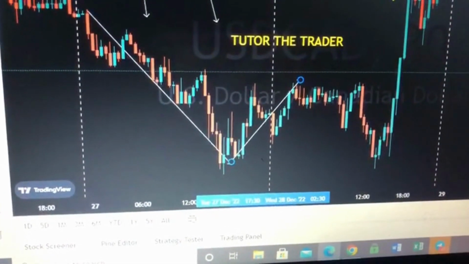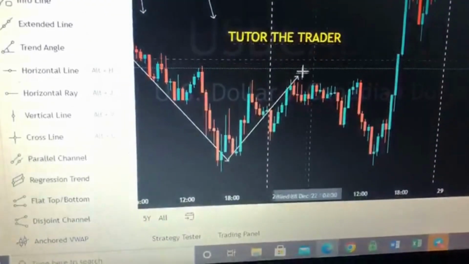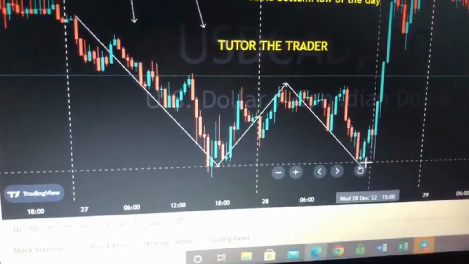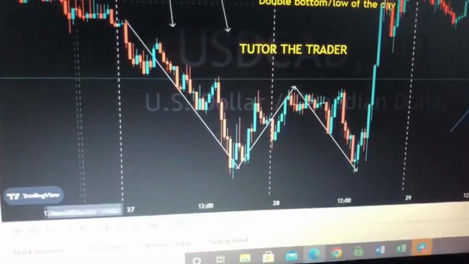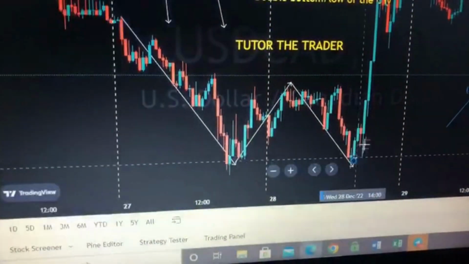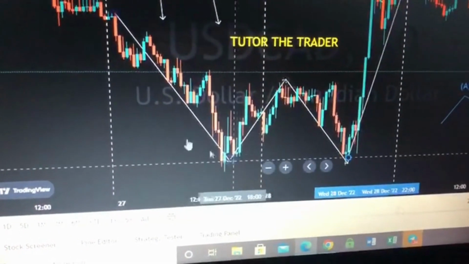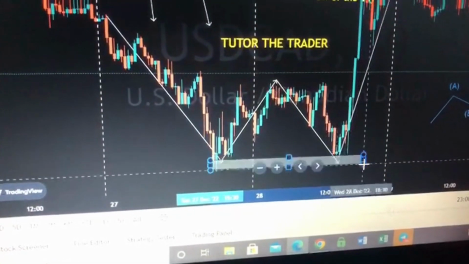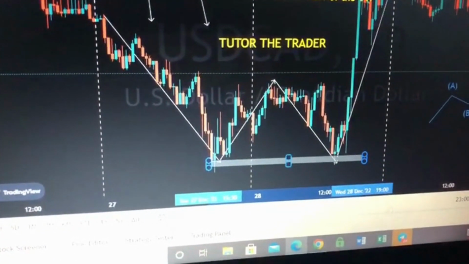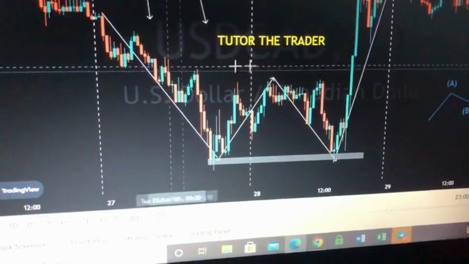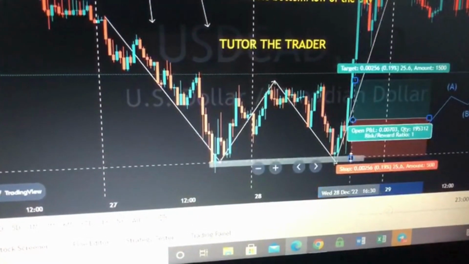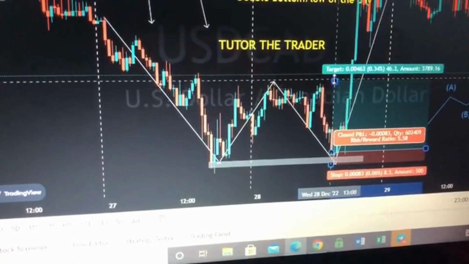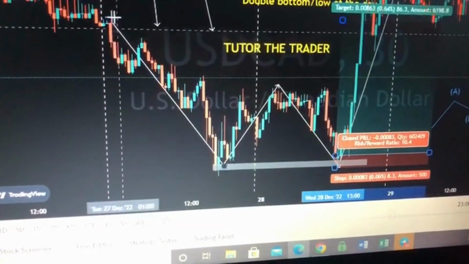It might not be as smooth as you are thinking, but you just have to know that this is the W. Then from the last leg to this, your stop loss can be here, then you ride it to the length of that leg.